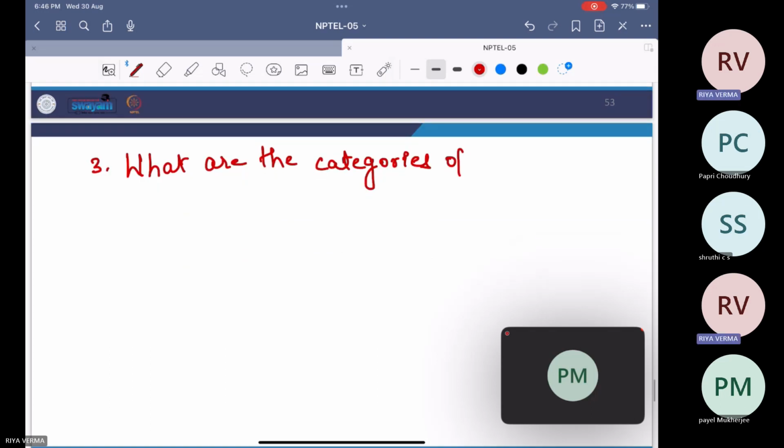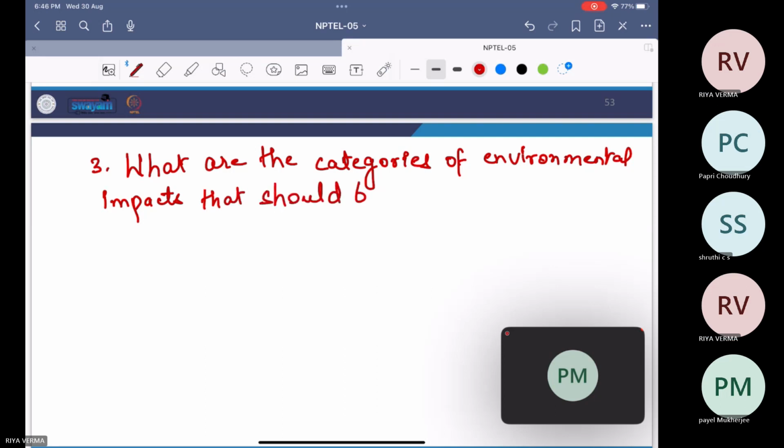What are the categories of environmental impacts that should be considered during life cycle assessment?